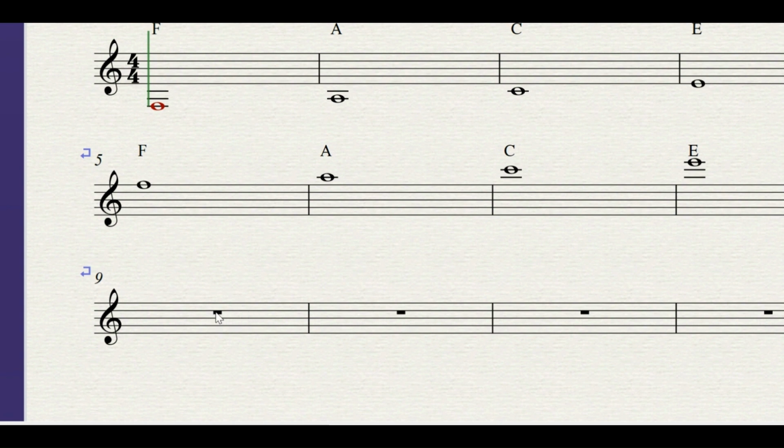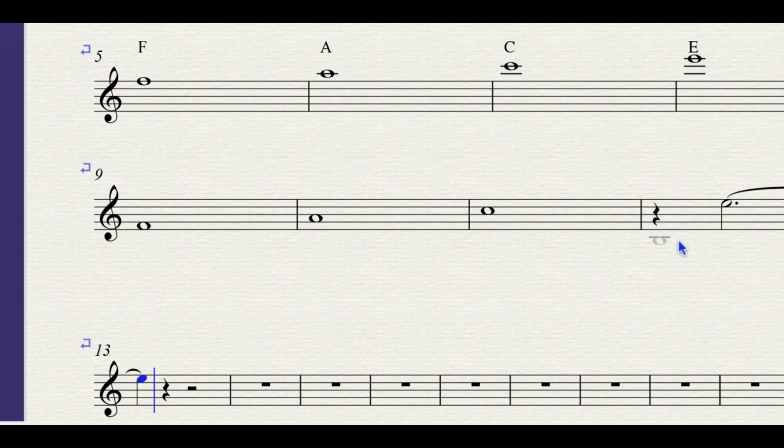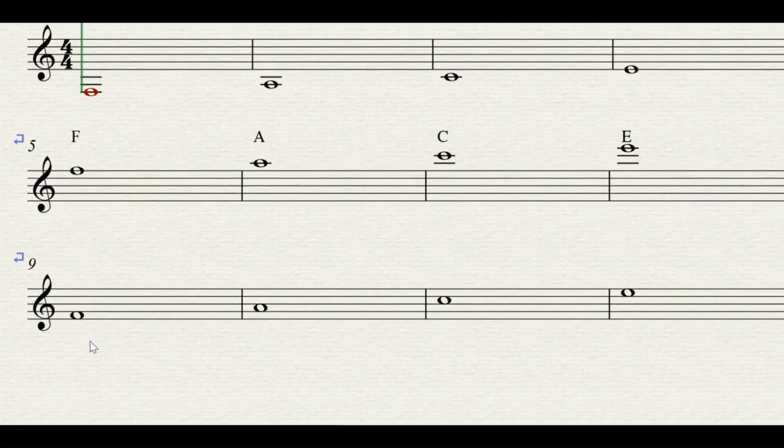I'm adding one more just to remind you that last class when we did lines and spaces, we discovered that the treble stave spaces will give you FACE as well.